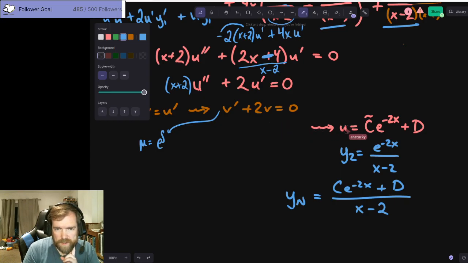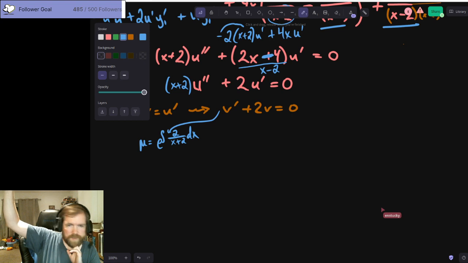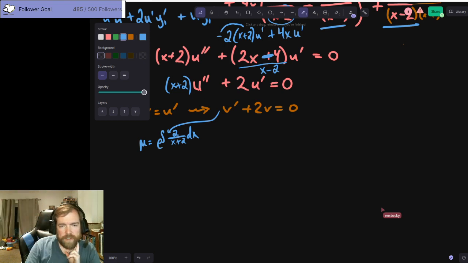Alright, so that's going to be 2 over x plus 2 dx, which is going to be the exponent of this particular integration factor. Because then that's going to be 2 over x minus 2.